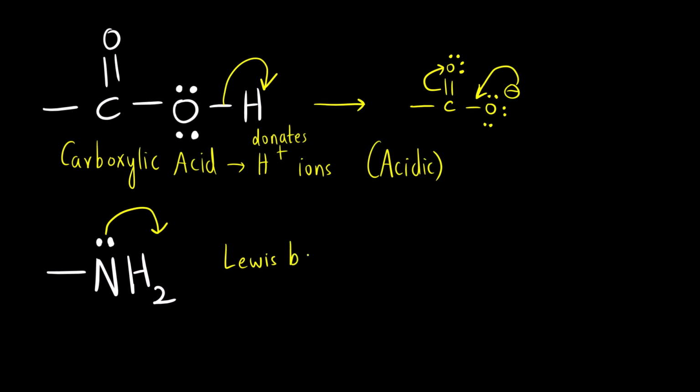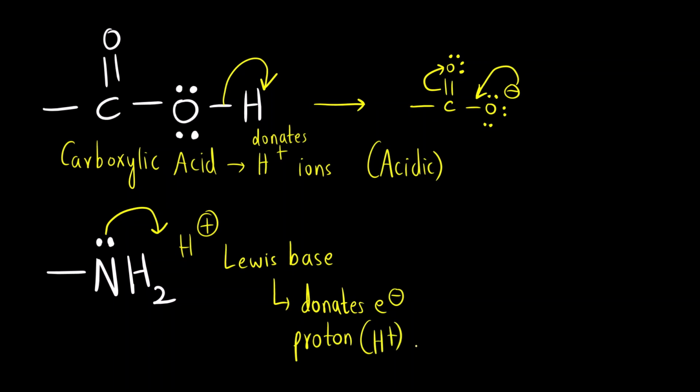A Lewis base is any species that donates electrons. Another way of defining a base is that it is a proton acceptor. Both the definitions are correct. So if more amine groups are present, we would say that the amino acid is basic in nature.